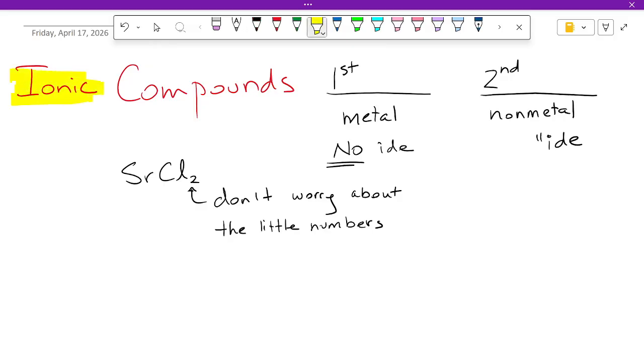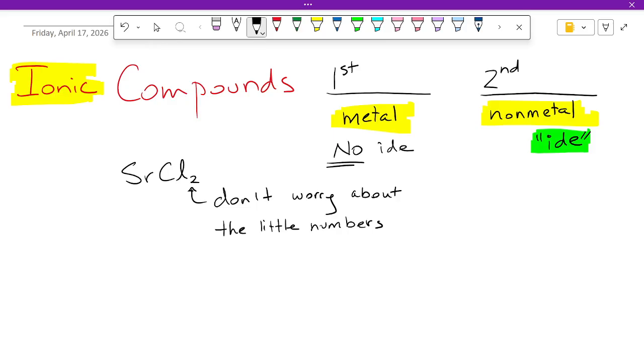We know because it is made of a metal and a nonmetal. The metal always comes first, the nonmetal always goes second, and we only change the ending of the second word to "ide." And we don't worry about the little numbers. Okay? That's the only thing you need to know about naming them. This is pretty straightforward.